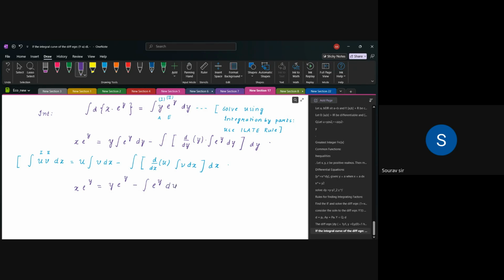So we have this, and this will become x e^y equals y e^y minus e^y plus c. Okay. So this is your general solution.